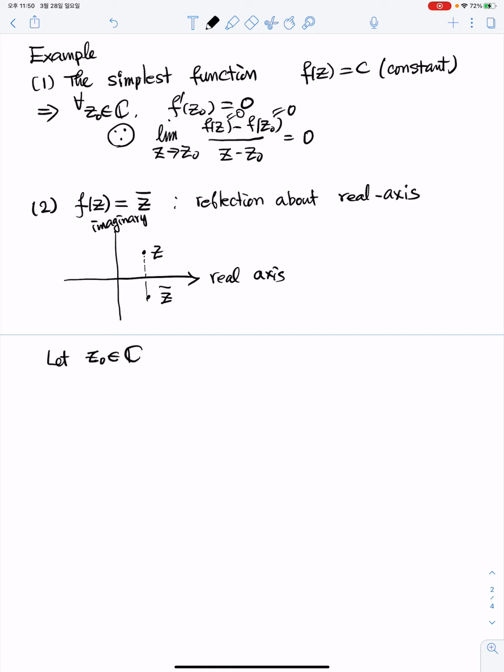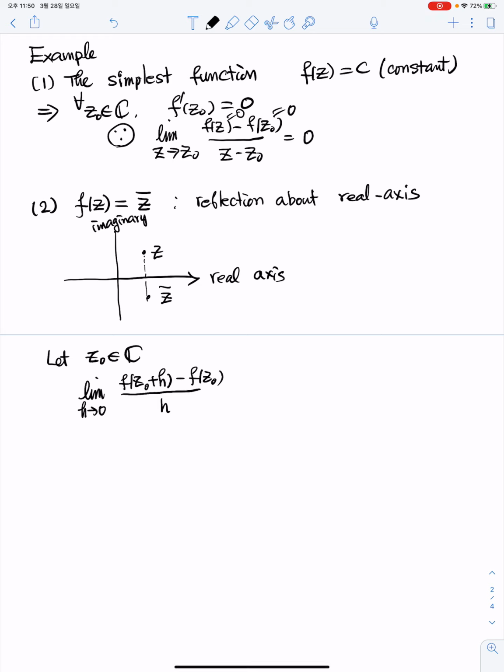So let me consider the limit as h goes to 0, h a complex number, of f(z0 plus h) minus f(z0) over h. So if the limit exists, then f is differentiable, right?